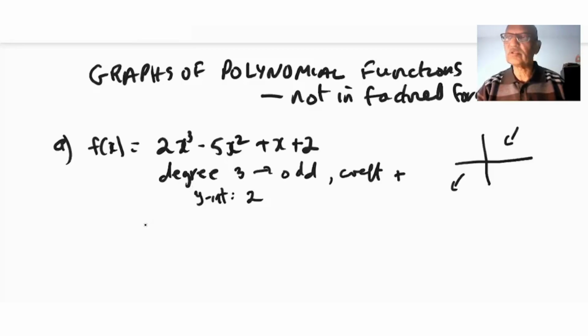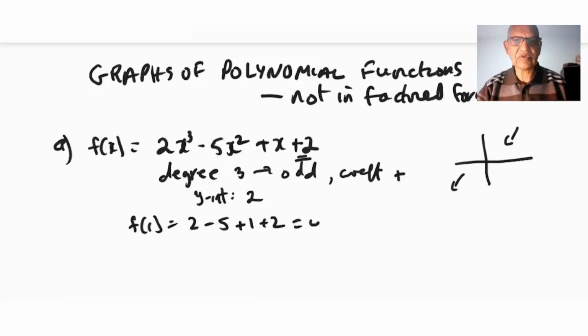So I have to do synthetic division. I try the factors of 2. Let's try 1. If I substitute 1 into x, I have 2 minus 5 plus 1 plus 2, which gives me 0.